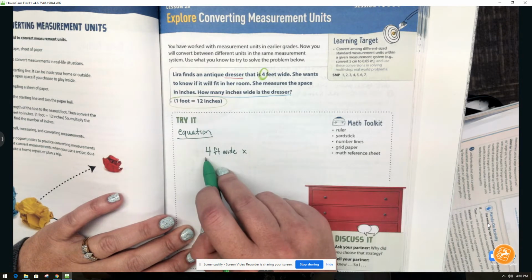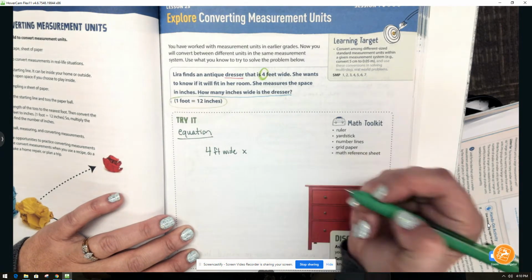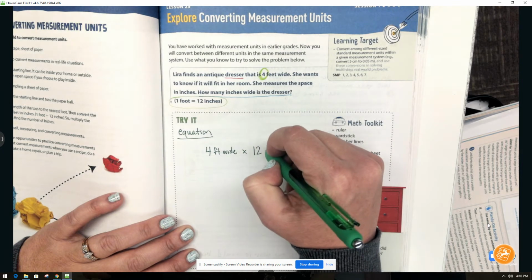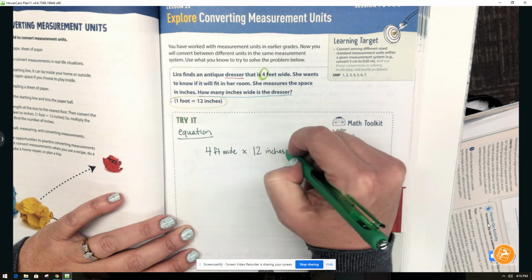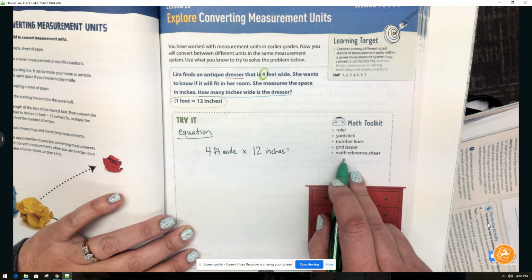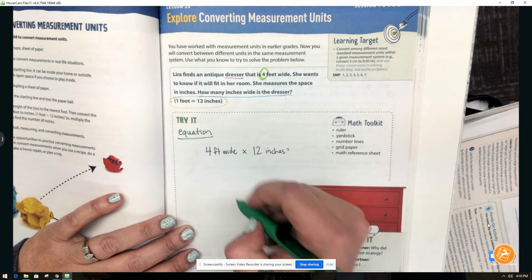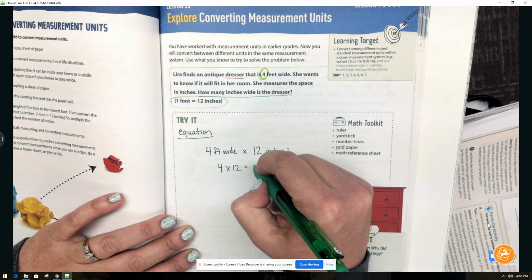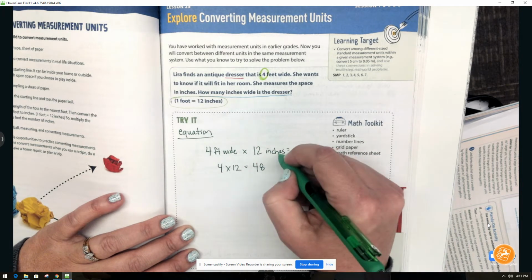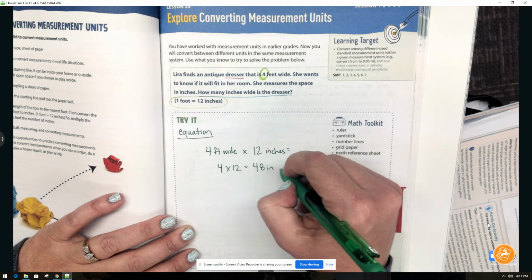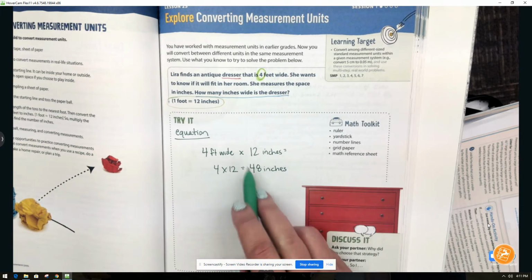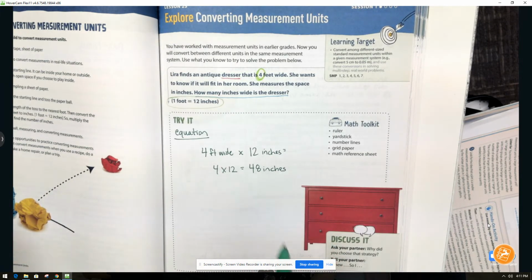So now we need to know what 4 feet equals. So we're going to multiply 4 feet times 12 inches. And that's going to give us our total number of inches. So what is 4 times 12? That equals 48. And then we'll keep it as inches because now we have converted our feet to inches.